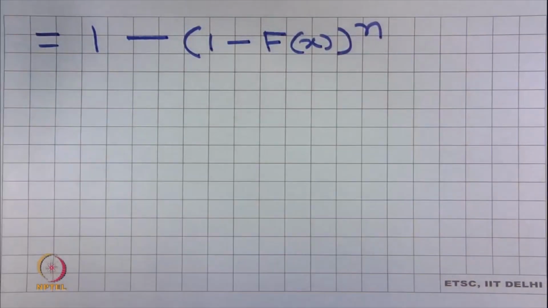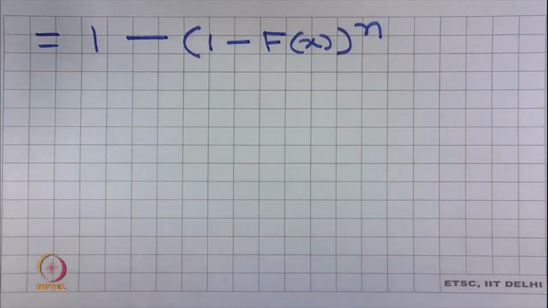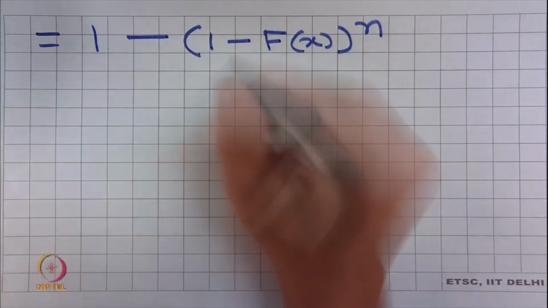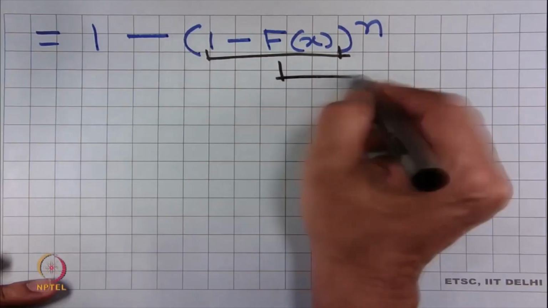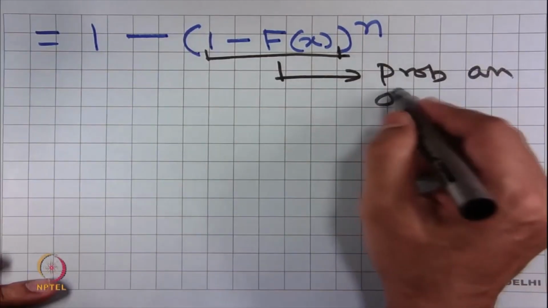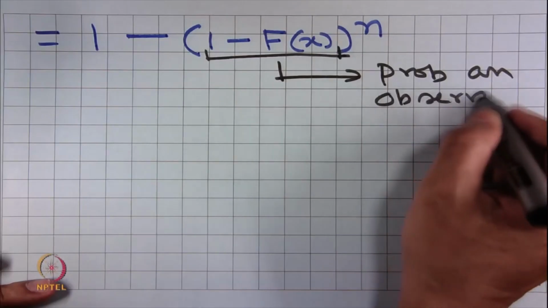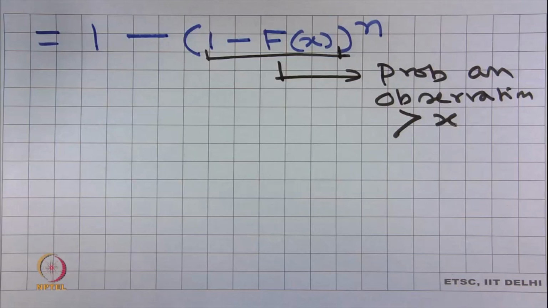And therefore, this is 1 minus F x whole to the power n, because this is the probability that an observation is greater than x.